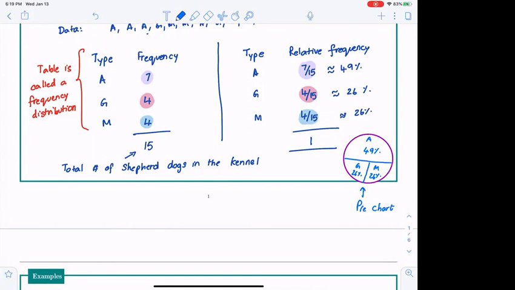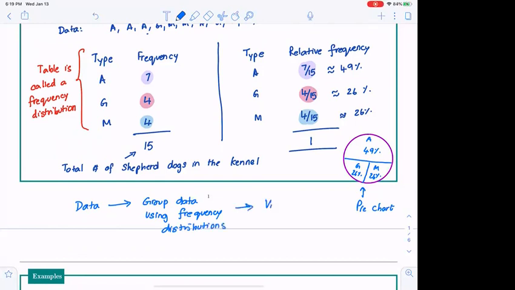So the general procedure behind organizing qualitative data is to collect the data first, group the data, and the last step is to visualize, and you could visualize using a bar graph or a pie graph.